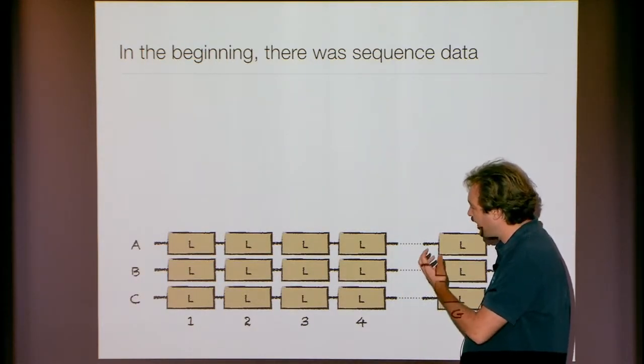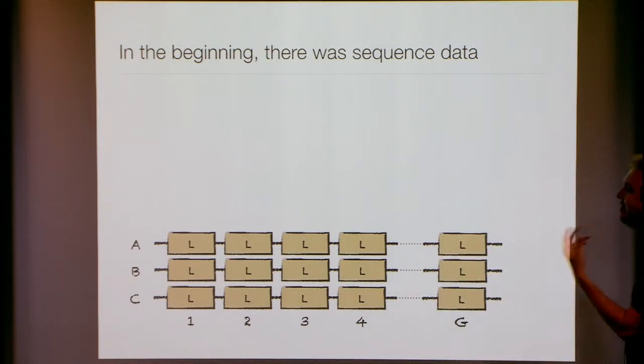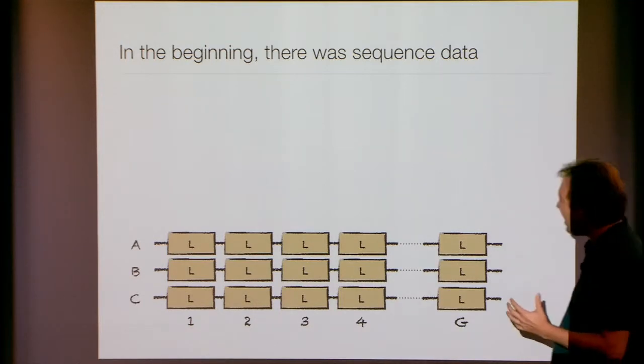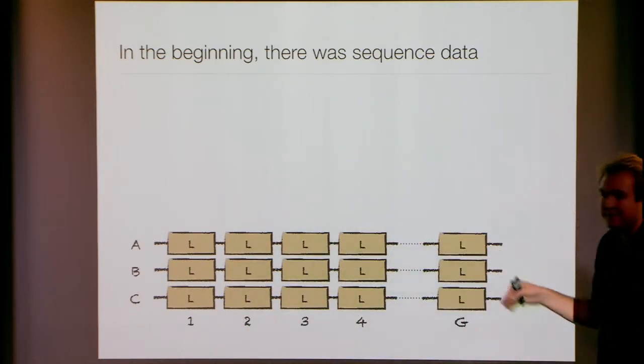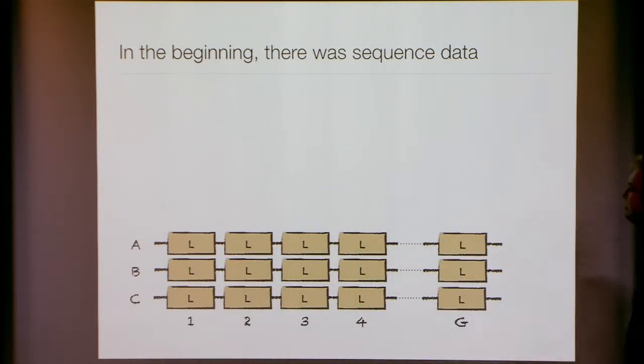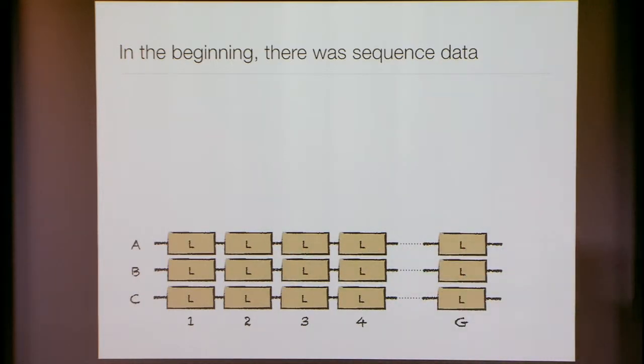I want to go back and do a more refined analysis that takes into account errors in estimating different things for different genes. What I have now is three species, A, B, C. For each one of them, I have a genome, which is a sequence made of a bunch of different genes. Each box here is a different gene. There are G of them.